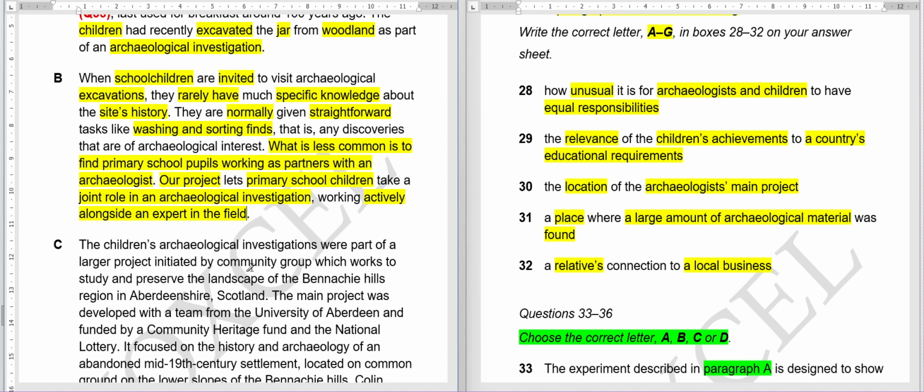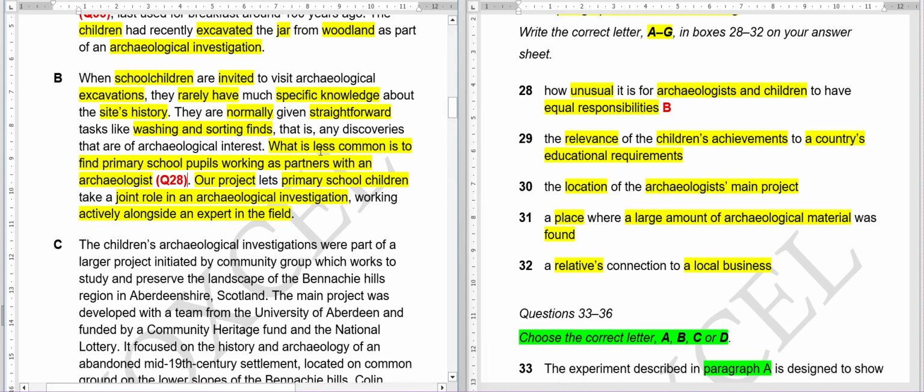How unusual is it for archaeologists and children to have equal responsibilities? Is there any mention that this is not a usual thing, that they have equal responsibilities? Yes, this is our answer B. Where it is written? Here, let me mark this location and then I will explain. So here it is written what is less common.